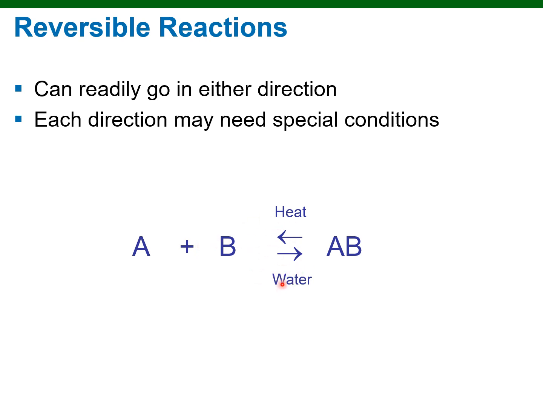One thing that I would like to point out, in addition to what's illustrated here, is that sometimes you get one arrow that is bigger and another arrow that is smaller, like that. And so reversible reactions don't necessarily have to be 50-50. Sometimes one direction is favored more than the other.